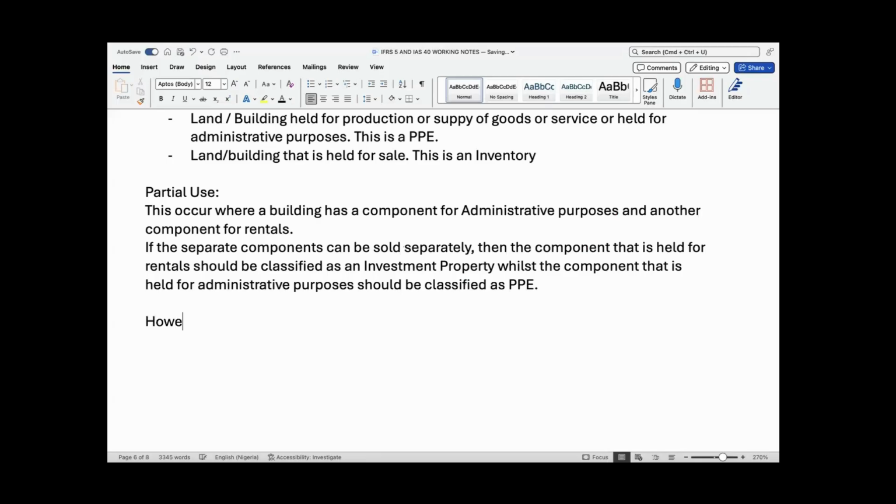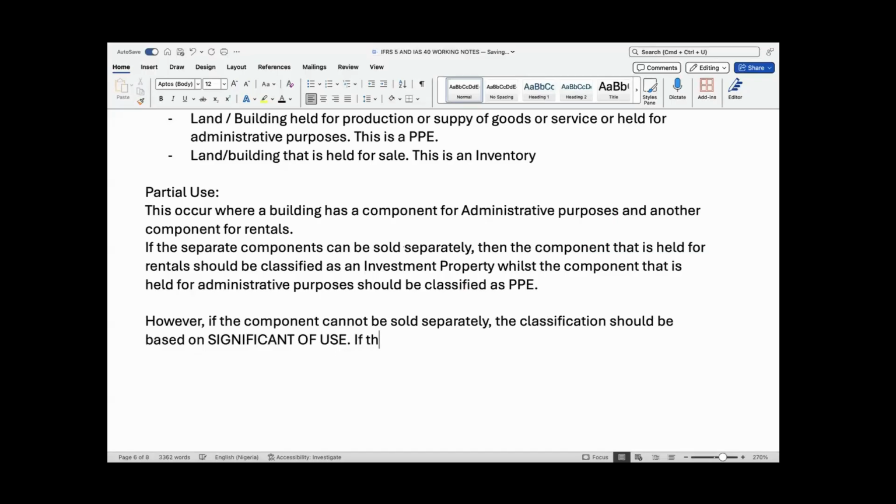However, if the components cannot be sold separately, the classification should be based on significance of use.